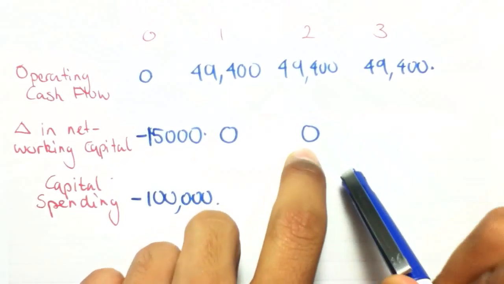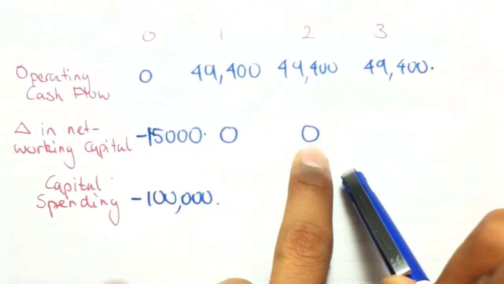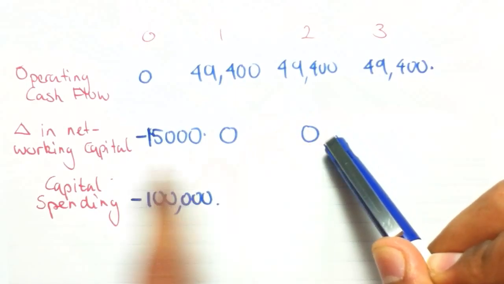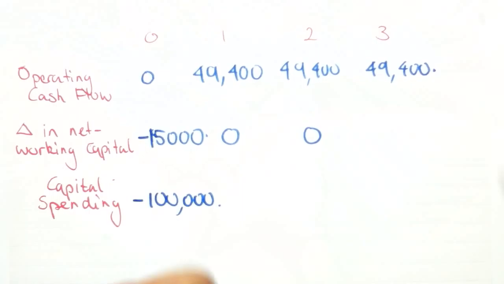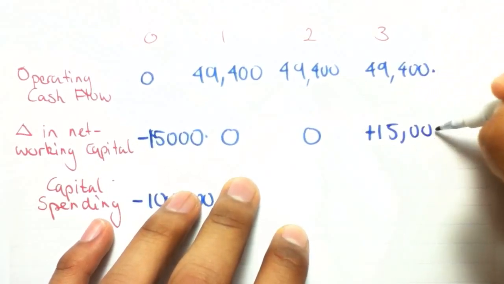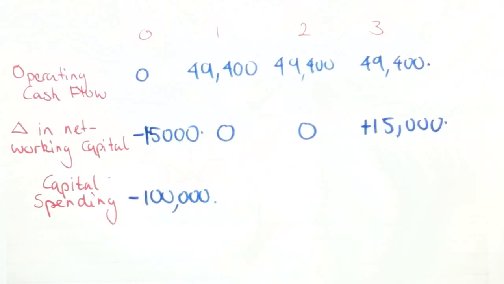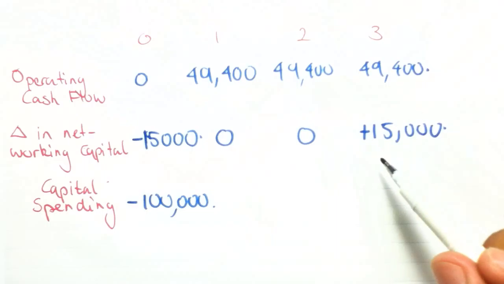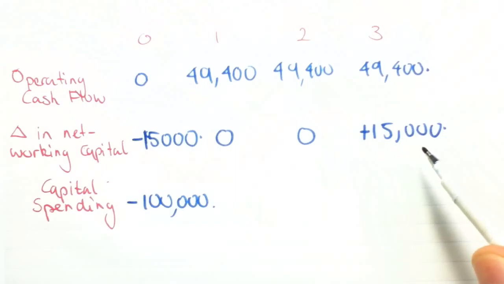I know it's 0, but there are still $15,000 here, because just the change may be 0 doesn't imply that we have $0 in net working capital. Well, what happens is we just retain back our $15,000. We're getting it back. We're closing down the company, and so this remaining residue should come back to us. And that's why we add it as positive $15,000.